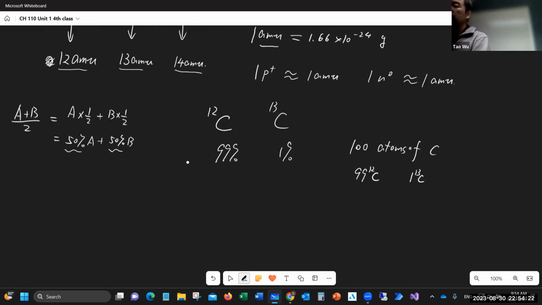The easy way to do the weighted average is to take the mass of carbon 12 and multiply it by its percentage, 99%, which is what we call the abundance.